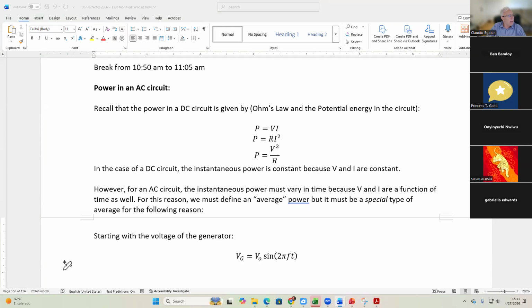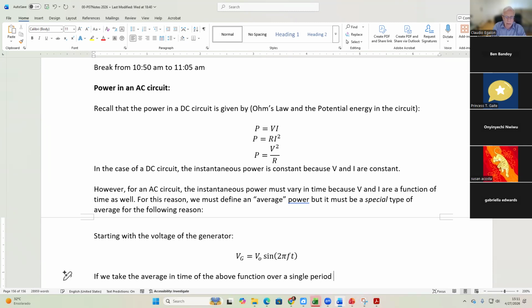If you take the average in time of the above function over a single period, we will get 0.